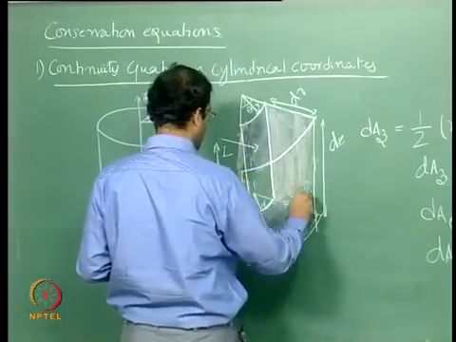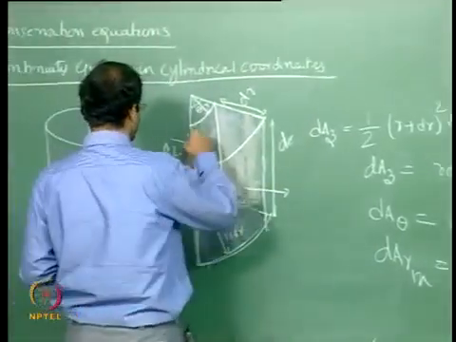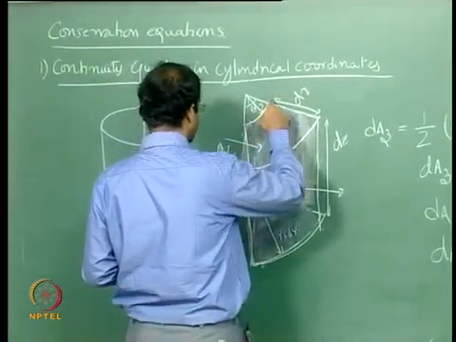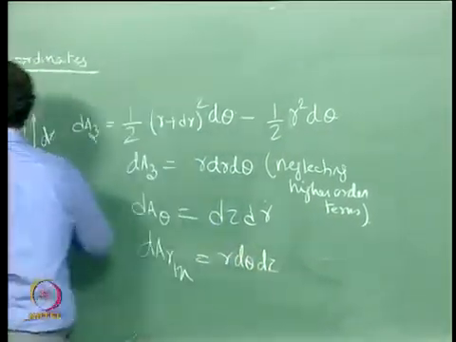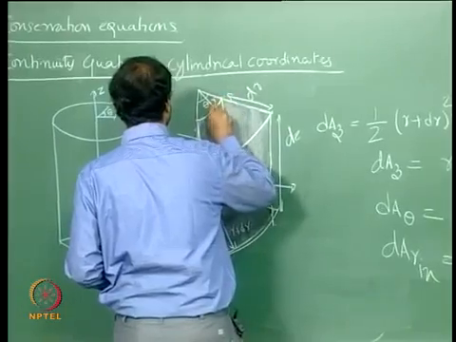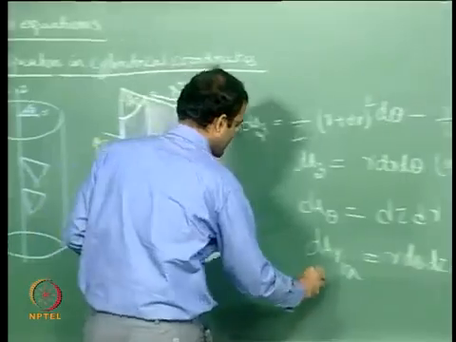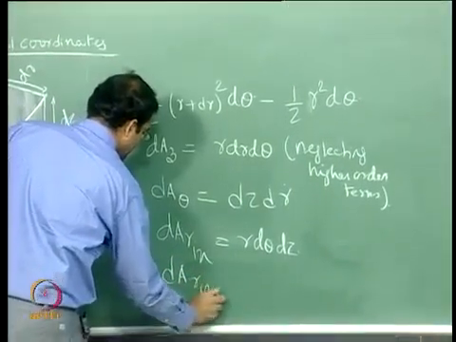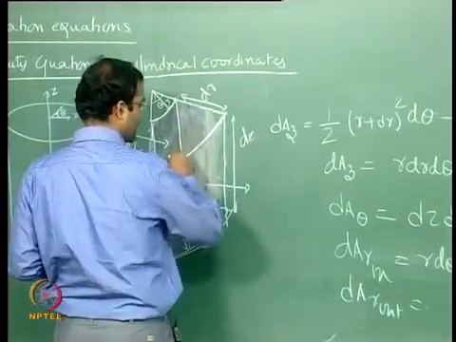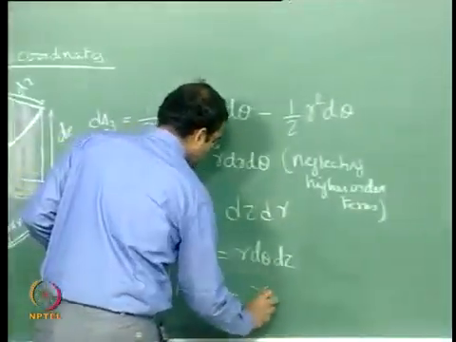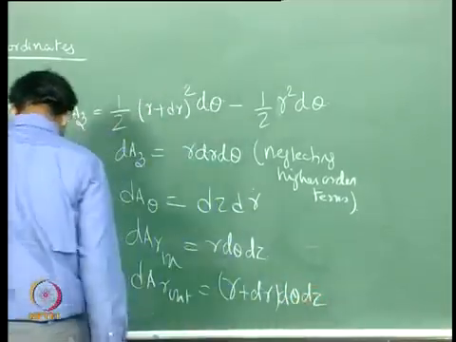The differential area which is entering will be r d theta into dz, because the length of the sector is r d theta times dz. The differential area in the radial direction which is leaving will be r plus dr into d theta into dz.